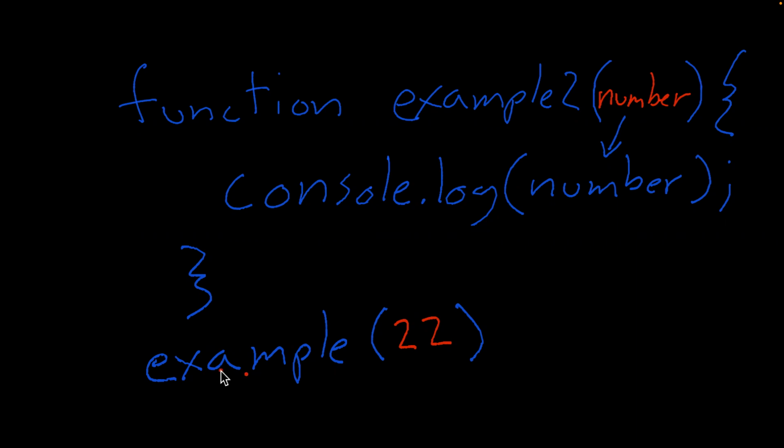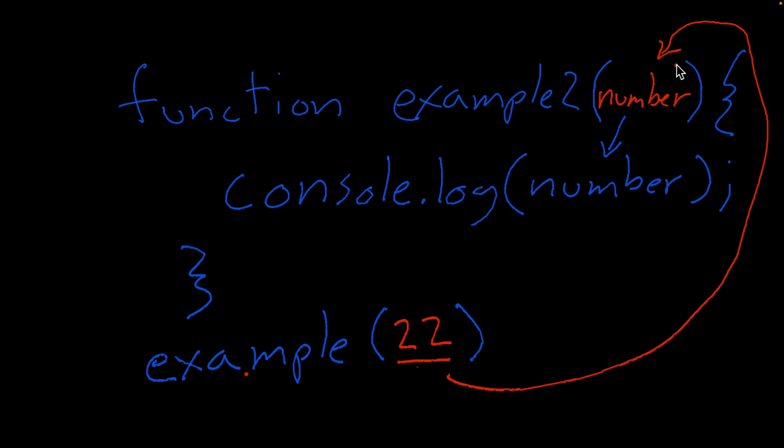If we call this function now with this number, it's going to pass this in to here. It's going to pass it in there. And once we pass this 22 into there, then we can use it in our function however we'd like.